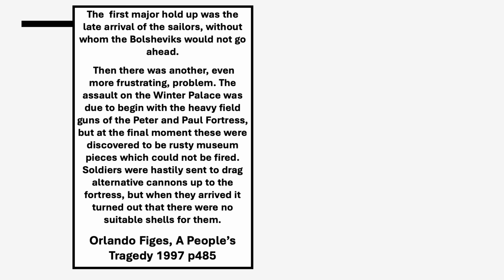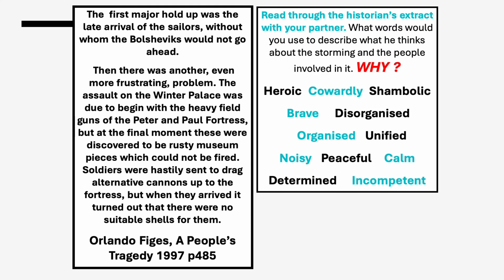And then I read through an extract about the storming, this extract here, and the pupils have to choose some words that describe the way in which Figes describes the storming. If you read through the extract, it clearly is a shambolic, disorganised, incompetent affair.